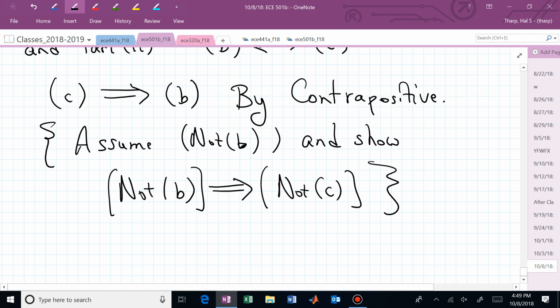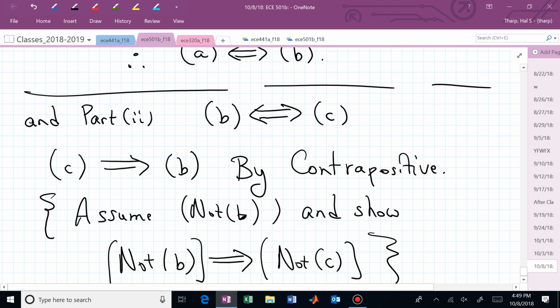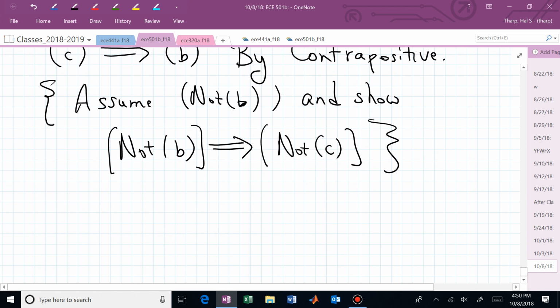So if you really wanted to get dizzy, you would just start doing this, right? I'm saying B implies C, but no, I said C implies B by showing not B implies not C. That's what I'm doing. So what's not B? To be or not to be. So now we're starting with the not to be.